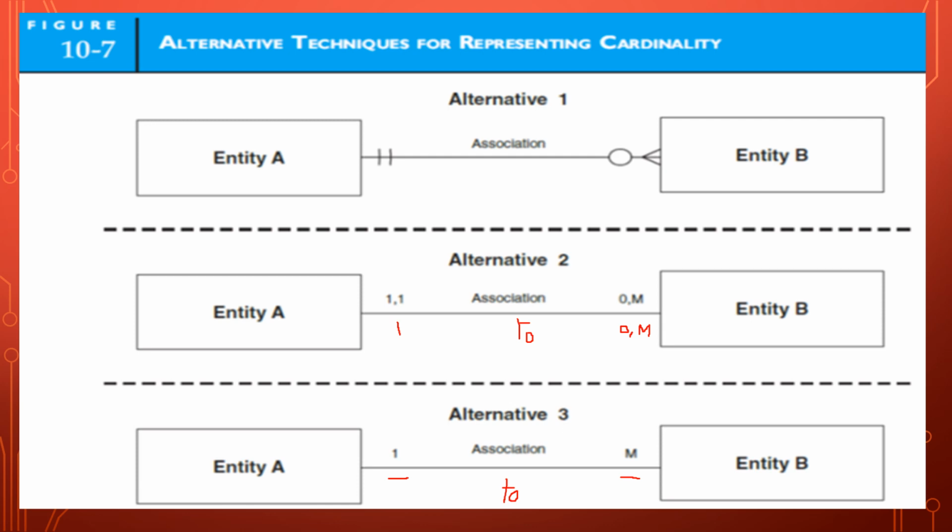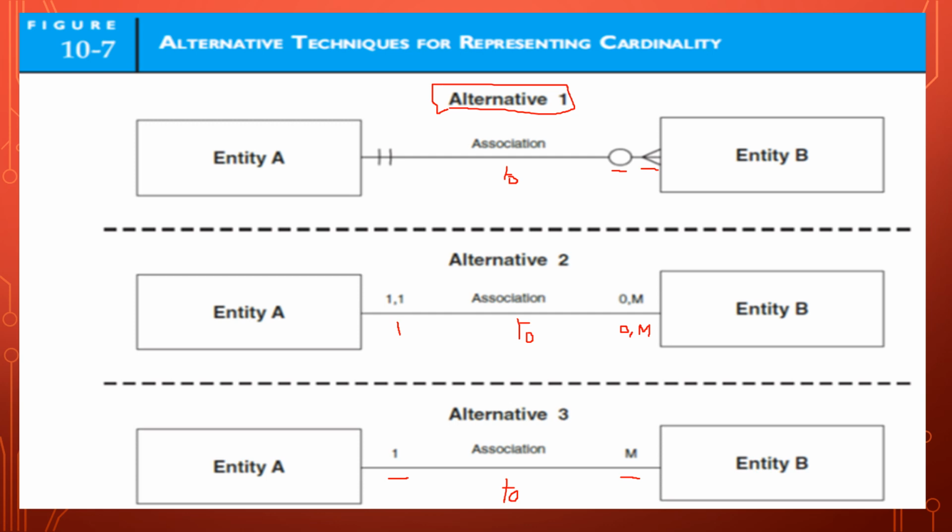And the alternative, which is the most common technique, is called the crow's foot notation, showing the cardinality. So if we have this one, many, and the circle means many or 0 to 1 or 1, we will explain what it means in the next slides.